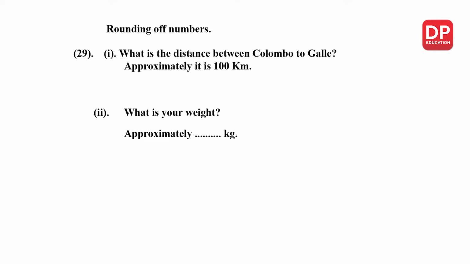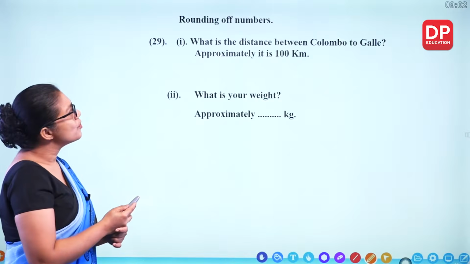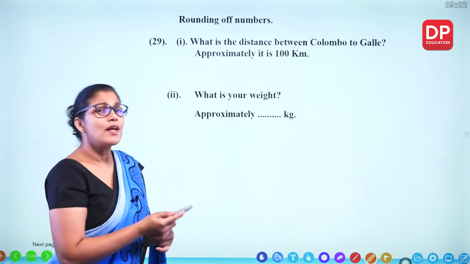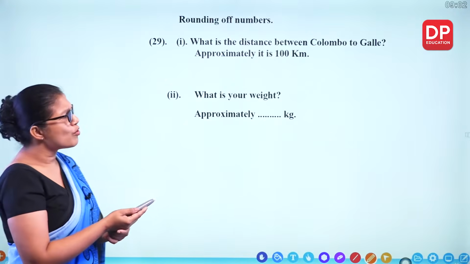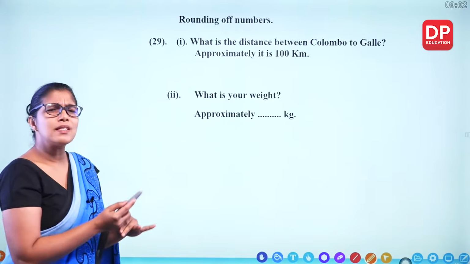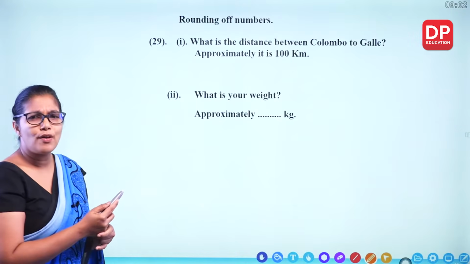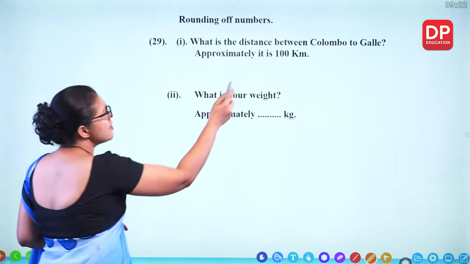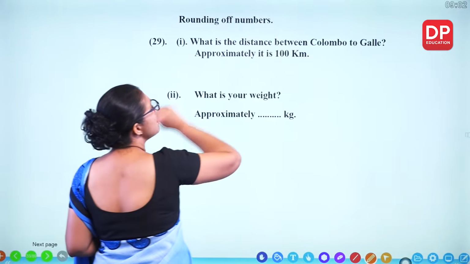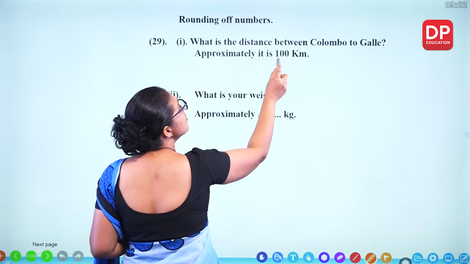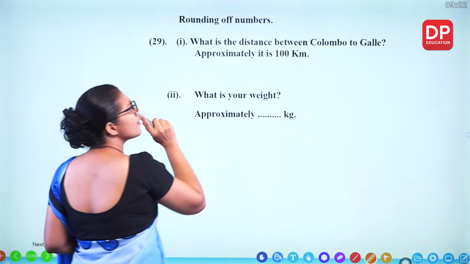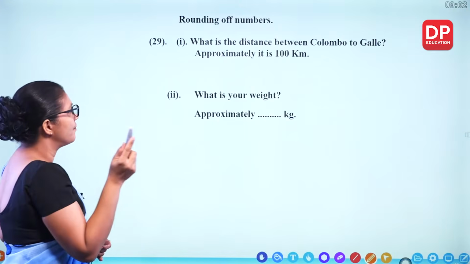Rounding off numbers. What's the rule when you are rounding off numbers, and why are we doing that? What is the distance between Colombo and Galle? We can say approximately it is 100 kilometers. This is a rounded number, rounded to the nearest hundreds.